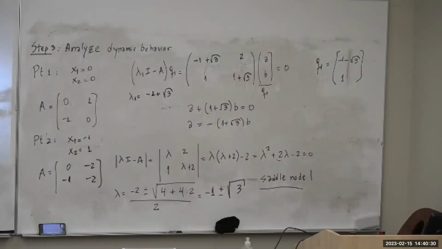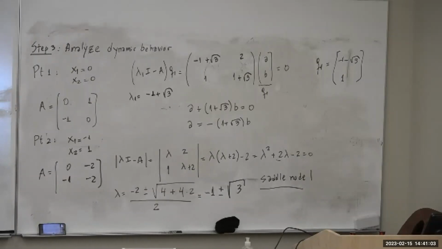So if we move 1 unit, because B is 1, in the direction of x2, we will move 1.73, more or less, something like this, in the direction of x1. So this is going to define 1.73.